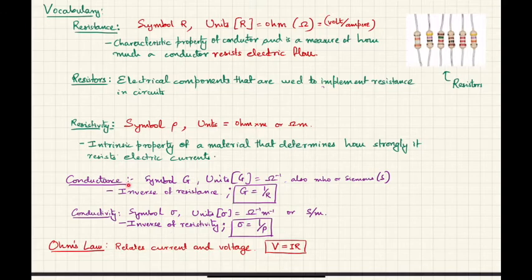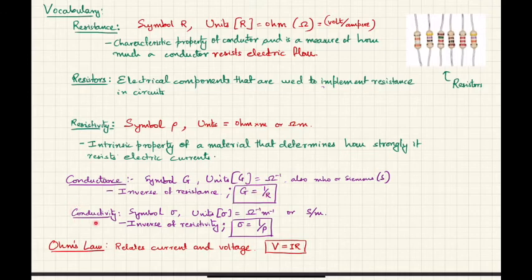The conductance, for example, is given by the symbol G. It has units of inverse ohm, and sometimes it's also written as mho, or siemens with the S. And it's the inverse of resistance, so G is equal to 1 over R.